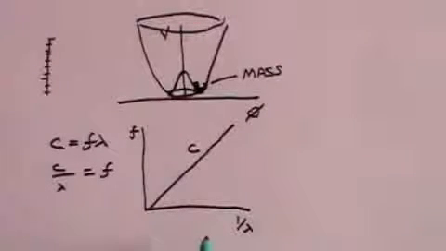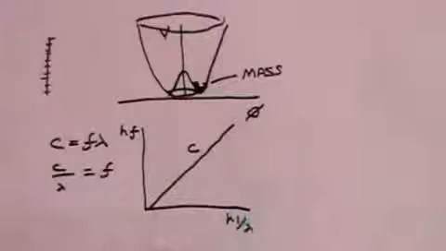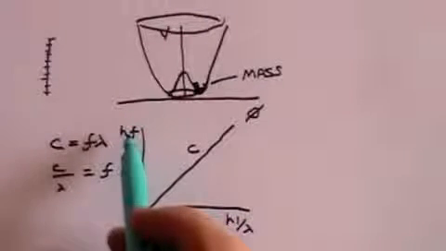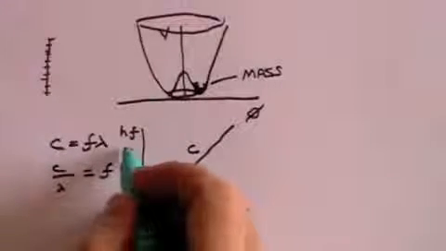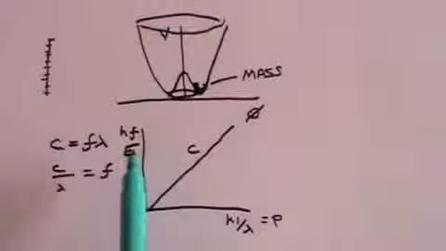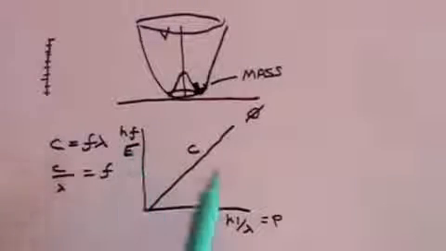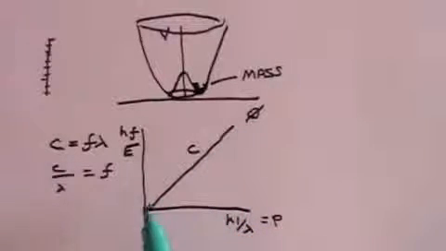Now, what happens if we multiply both this term and this term by h, Planck's constant? hf is what Einstein described as the energy of the photon. So this now becomes energy. h over lambda is the de Broglie equation, and that is momentum. So we now have exactly the same graph, but now it's energy against momentum. And the straight line shows that the velocity is c.